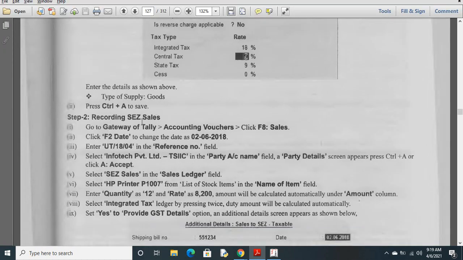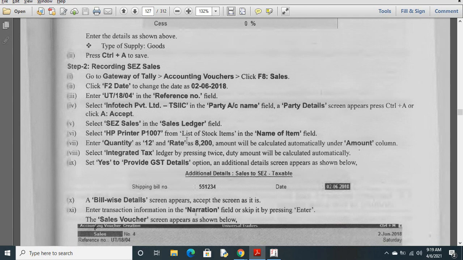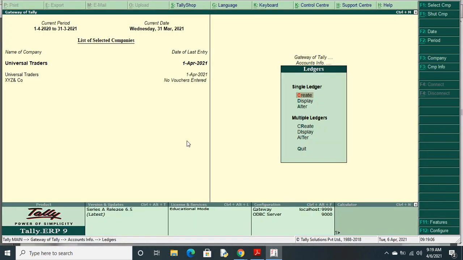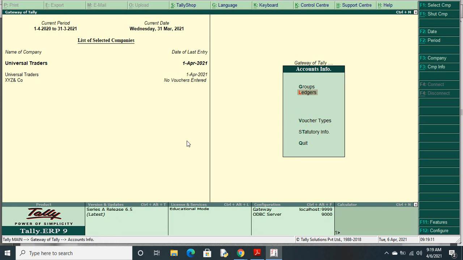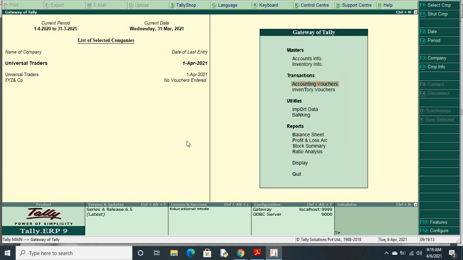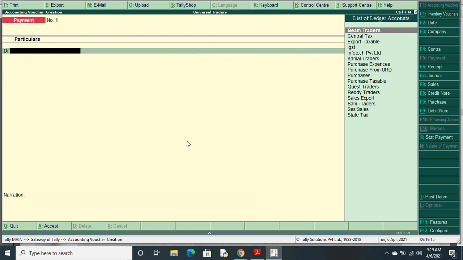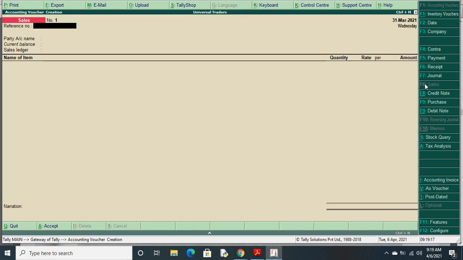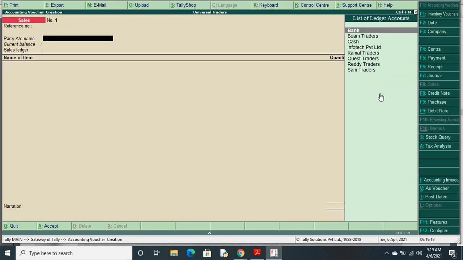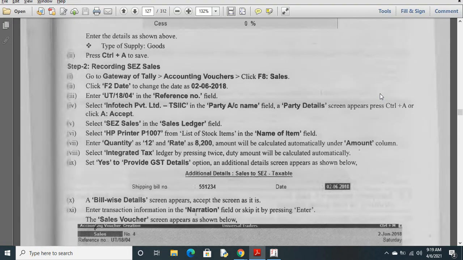Next, recording the SEZ sales. Accounting vouchers, F8 sales. What is the invoice number?